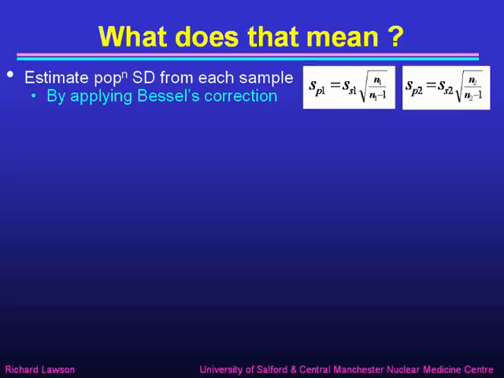If we do just want to break it down, then we can say that first of all we estimate the population standard deviation from each sample by applying the Bessel's correction. So the estimate of the population standard deviation for sample 1 is taken from the sample 1 standard deviation multiplied by the Bessel correction, root n1 over n1 minus 1, and the same thing for population 2.